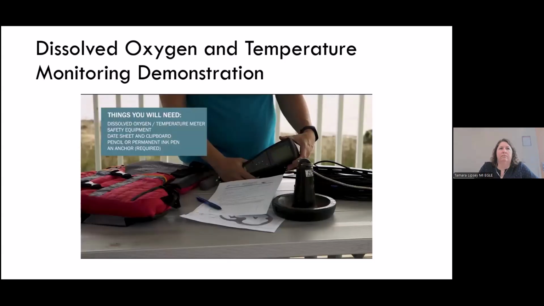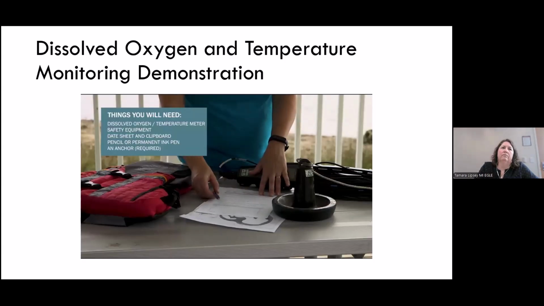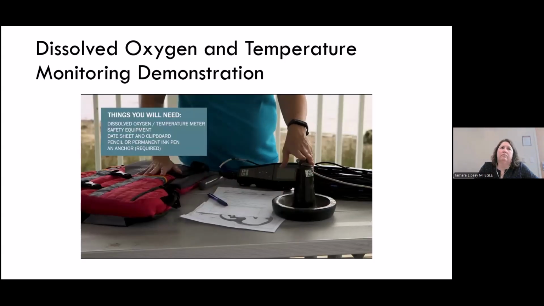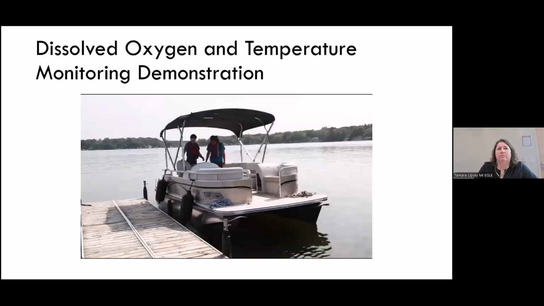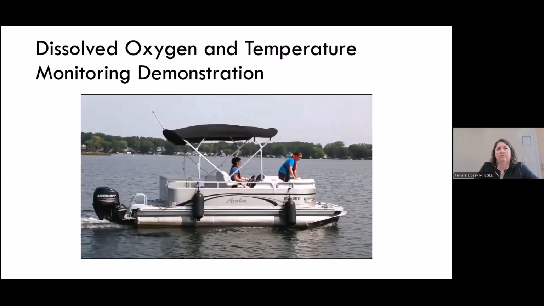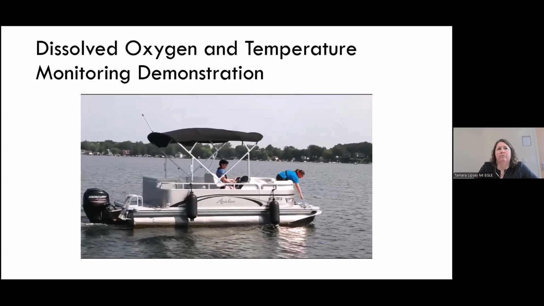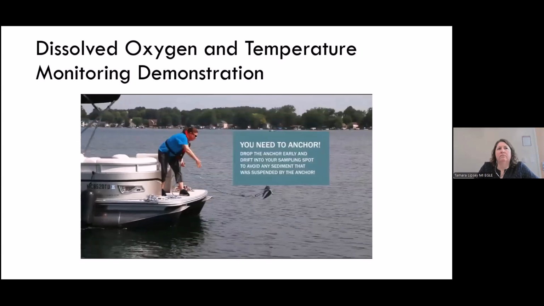You will need your dissolved oxygen temperature meter, safety equipment, data sheet and clipboard, pencil or permanent ink pen, and an anchor. Once you have your equipment assembled, proceed to your monitoring location, which should be located at the deepest point of your lake. You will need to drop an anchor before you get to your sampling location and drift in.